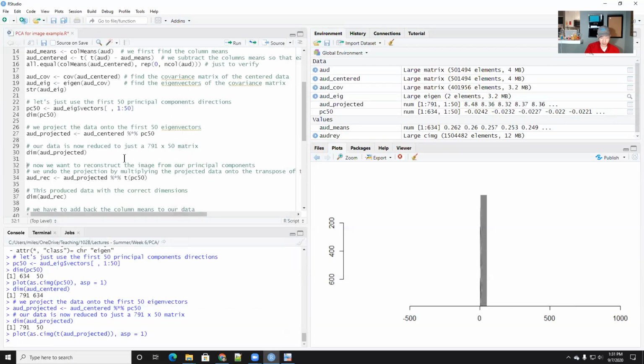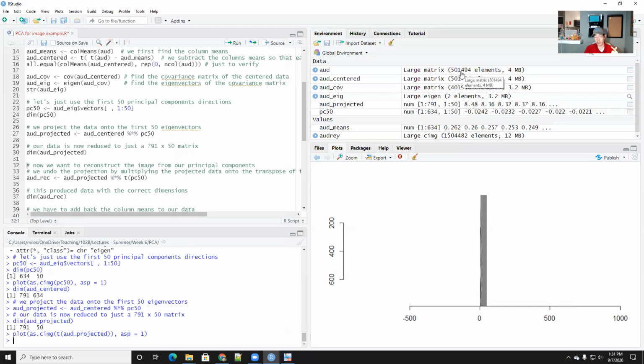So what we have to do is reconstruct the original image, which is 791 by 634 pixels. The original image takes up a lot of space in memory.